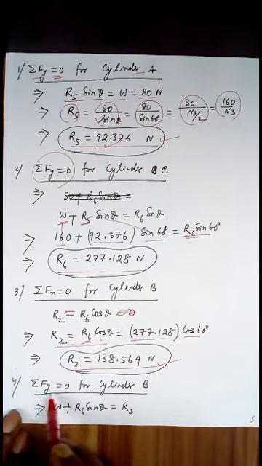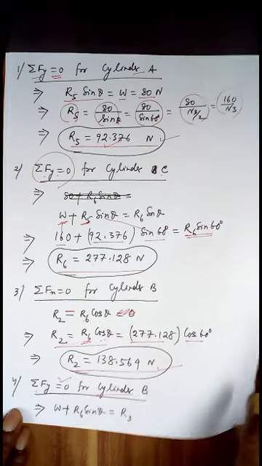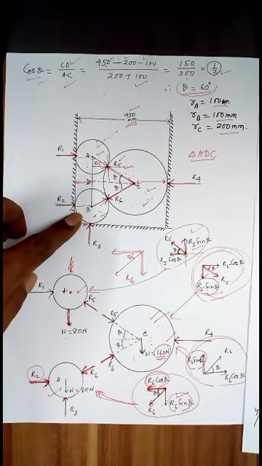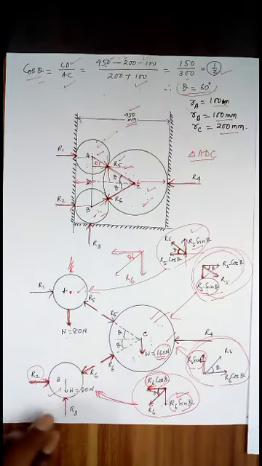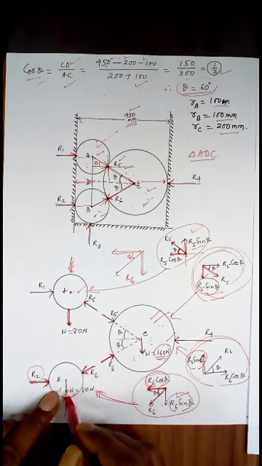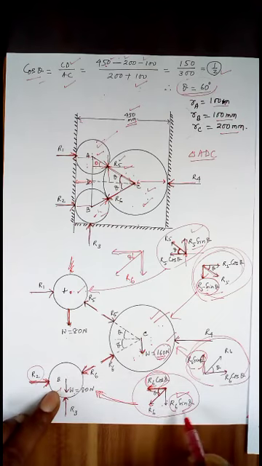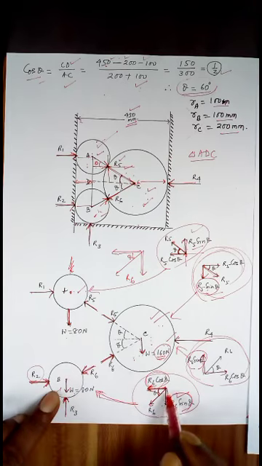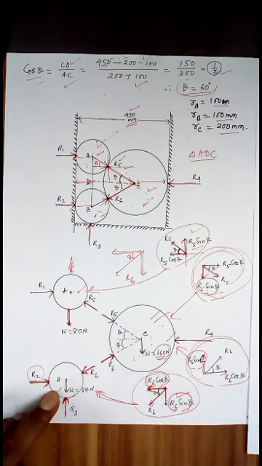Then apply sigma Fy is equal to 0 for cylinder B. Your cylinder B is this. Its weight is downward, and your R6 sin 30 is downward, and your R3 is upward. So these two downward forces will be cancelled by R3.